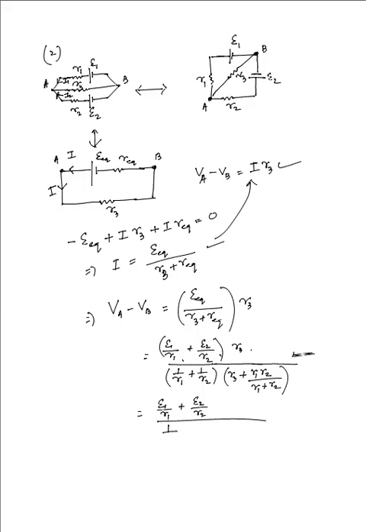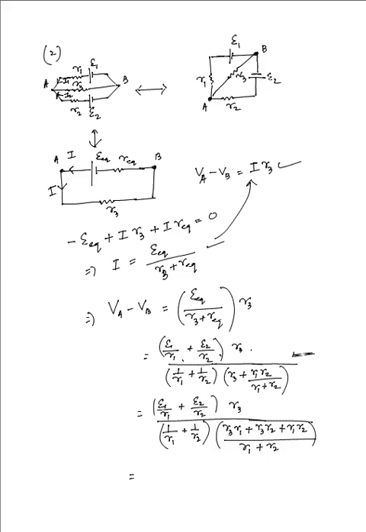We have 1 by R1 plus 1 by R2, let that be there as it is, and from this we have R3 R1, taking the LCM, R3 R2, and R1 R2 whole divided by R1 plus R2. We have an R3 over here as well.